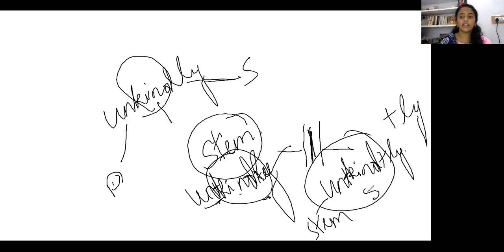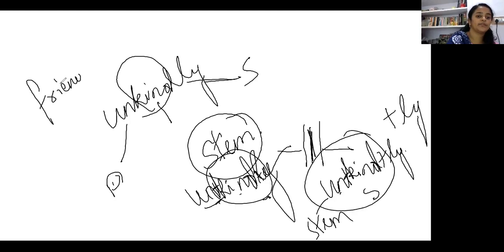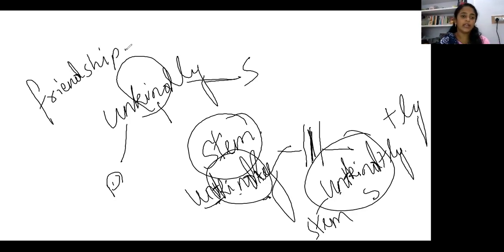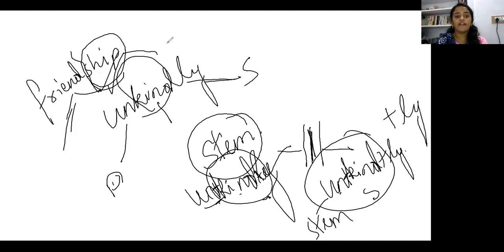Okay, now there is another confusion that you might get in a word like friendship. If you look at this word and you break it into morphemes, you'll get two morphemes, friend and ship. And you might ask me which is the affix here, because both of them seemingly have meaning. Friend is a word which has meaning, ship is a word that has meaning, okay? But in cases like this, it is the morpheme ship which becomes an affix.